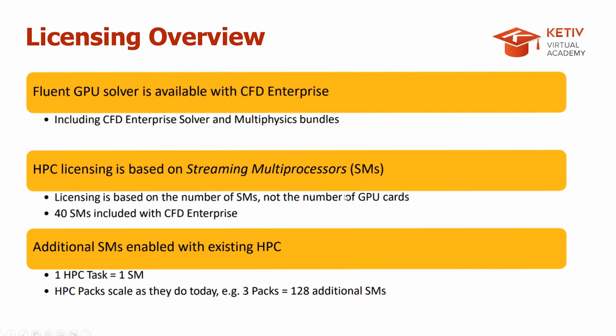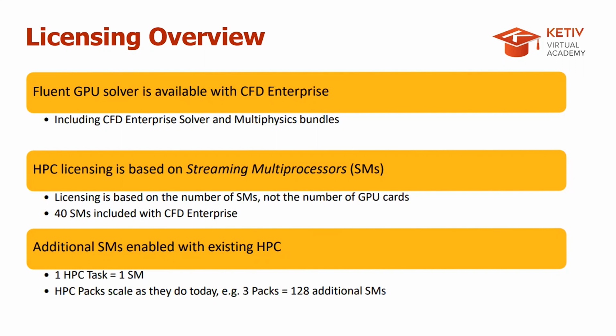If your GPUs have more than 40 SMs, more than 40 streaming multiprocessors, then you would need additional HPC licensing, wherein for each additional streaming multiprocessor, you'd need one HPC task. These are very compatible with the existing HPC licensing inside Ansys.